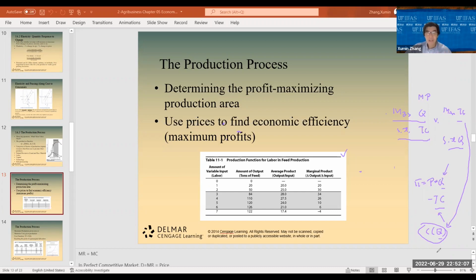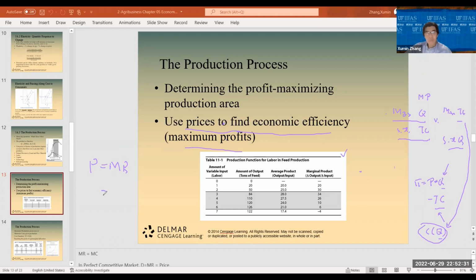Once we have this, we can start to measure, okay? We can start to measure our, let's say, optimized output level. So usually we use the price to find the economic efficiency, okay? For the agribusiness company, price is equal to the marginal revenue.